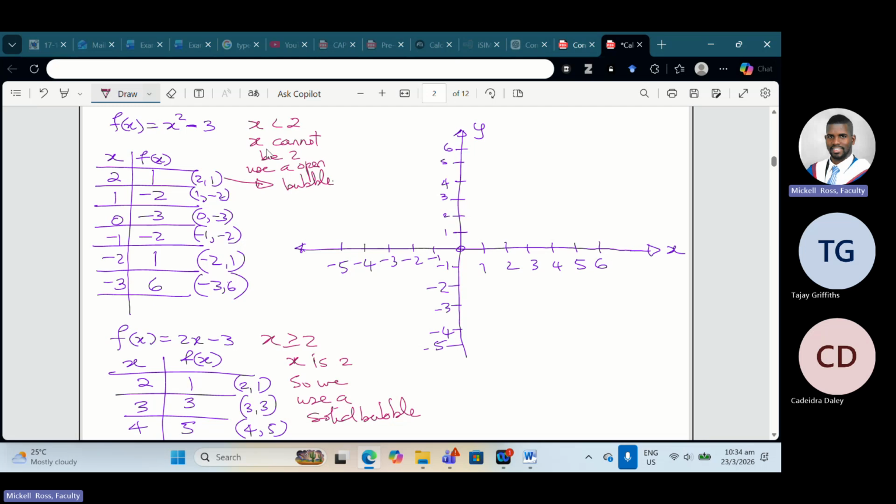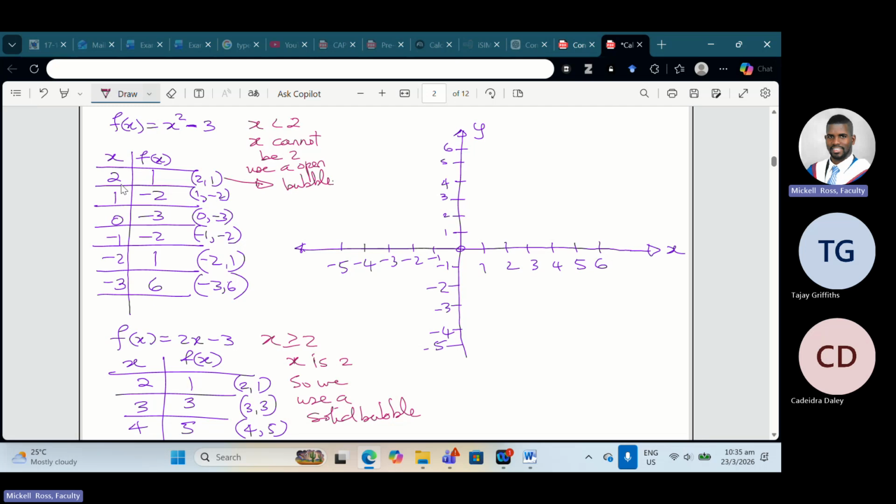If I say you have less than $1,000 in your pocket, then I cannot go and say you have $1,000, because less than the amount and the same amount are two different things. So you have to use an open bubble to represent this point, because x cannot be 2.